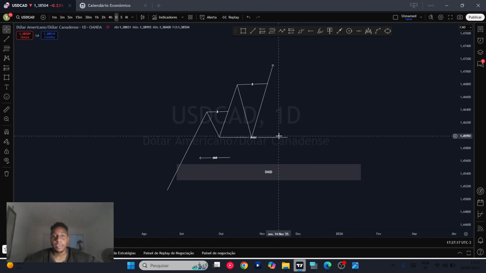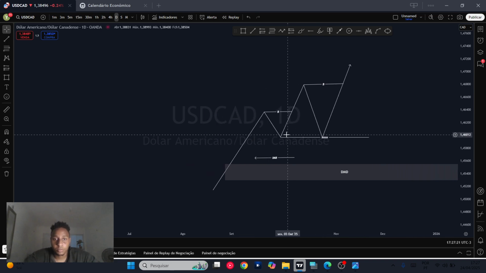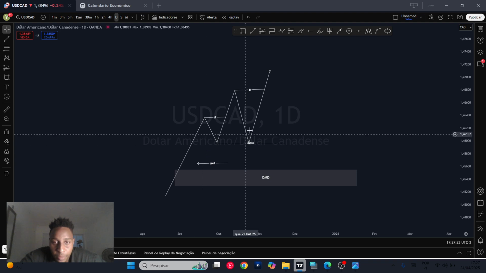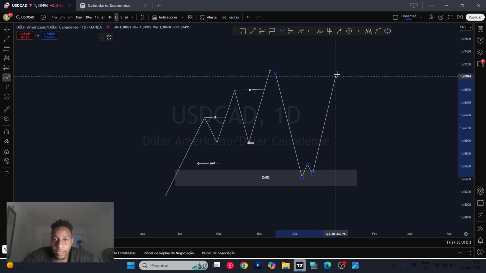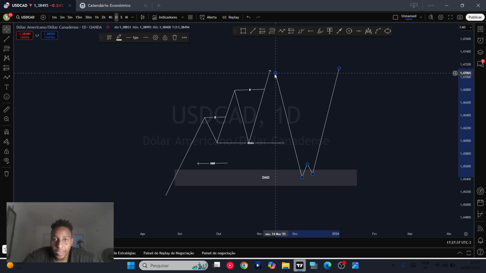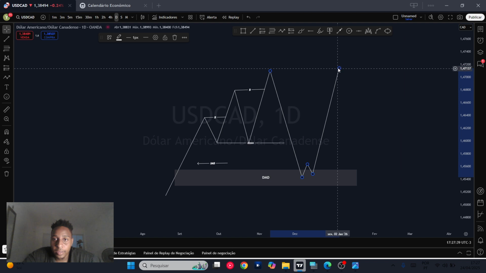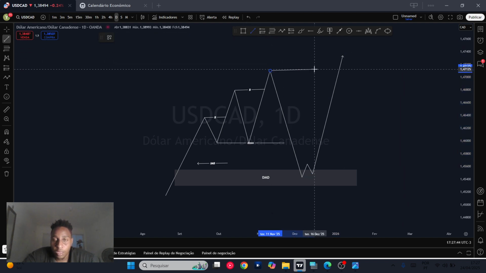So if you spot something like this within the market, right, note something. Price will definitely come down here, take this liquidity, come to this demand, and then go back to breaking this high. Why does price do that?